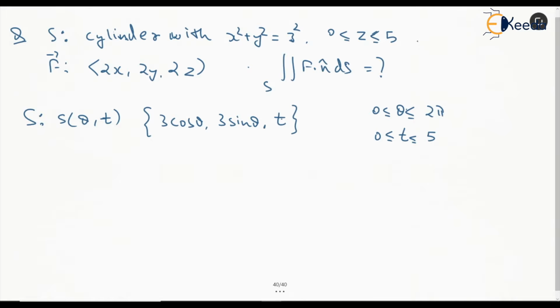Now we need to find, like we said, when there are parameters given, surface integral will be given as double integration f into r theta into r t d theta dt, right?